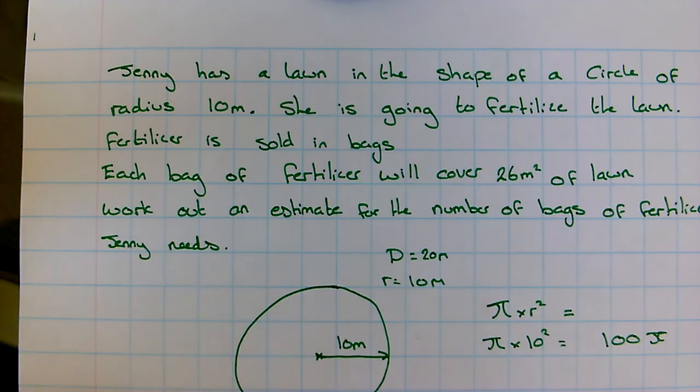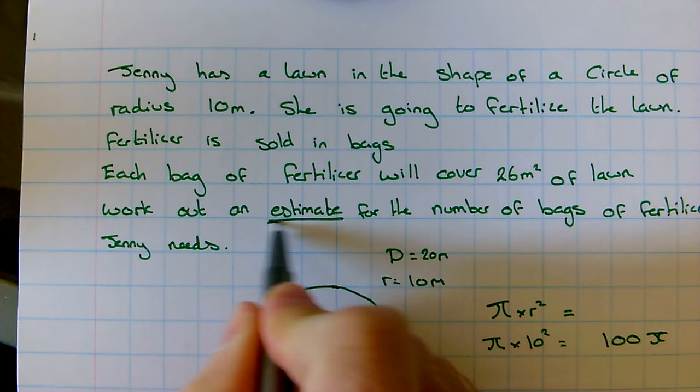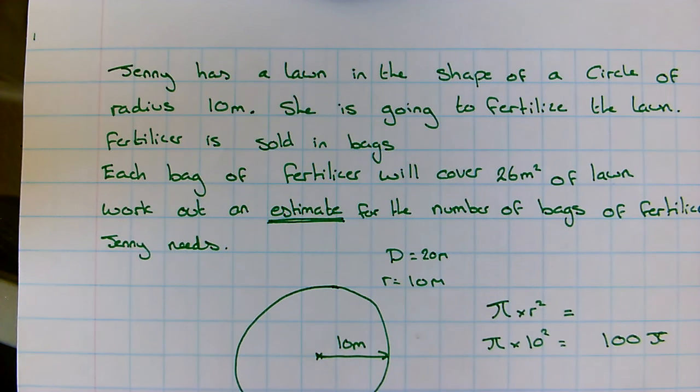Now because it said estimate, this question's been taken from a non-calculator paper. Now, we've already said pi is 3.14 to 2 decimal places. And because it has said estimate, I need to do some rounding. So I'm going to round pi, and I'm going to say that pi is worth 3.